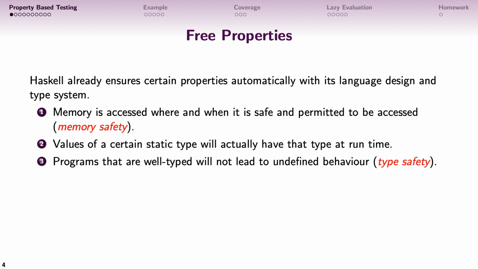And also that if you have a program that has been judged to be well-typed by the type checker, then there is no undefined behavior. You cannot get to a state where you can't tell from the language definition what will happen next. And so these two properties together form what's known as type safety.